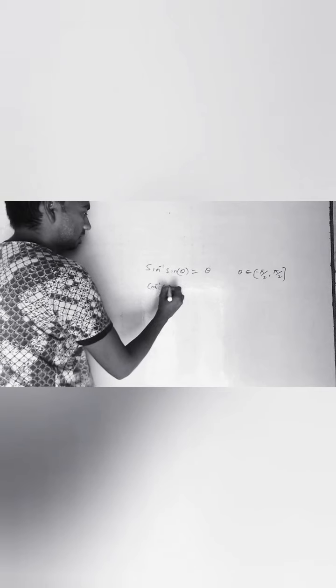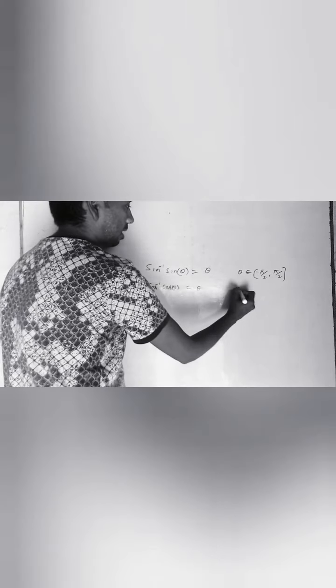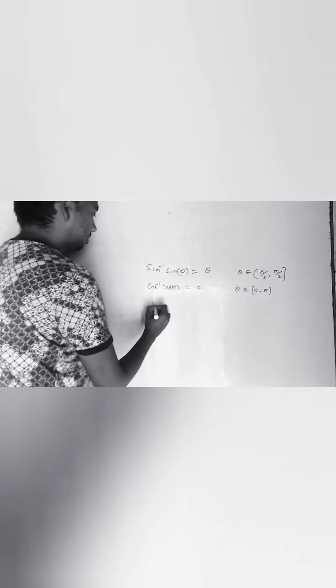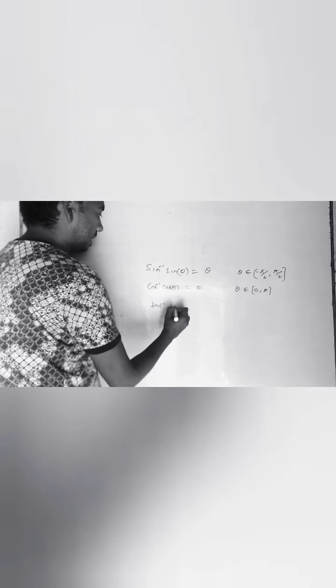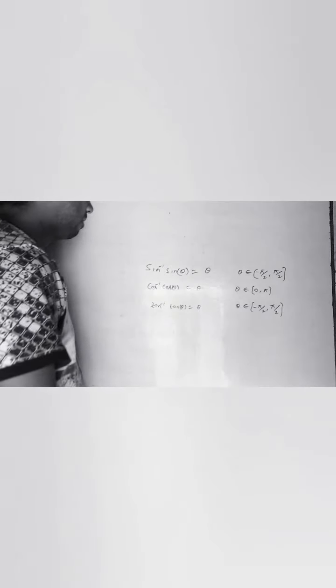Cos inverse cos theta is equal to theta when theta belongs to 0 to pi. Tan inverse tan theta is equal to theta when theta belongs to minus pi by 2 to plus pi by 2. So some few examples.